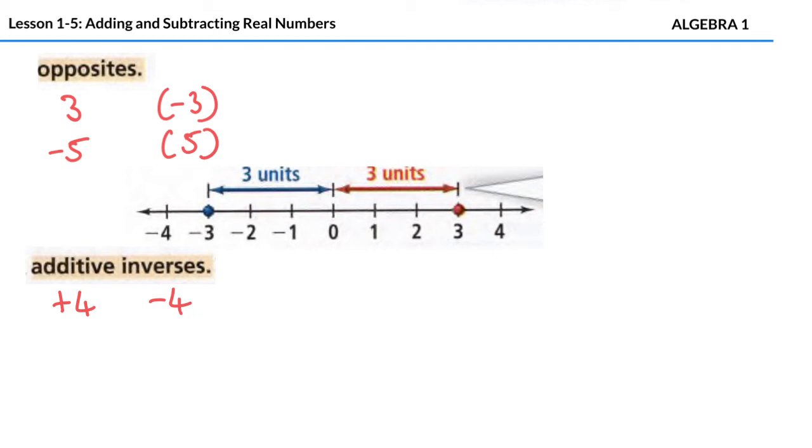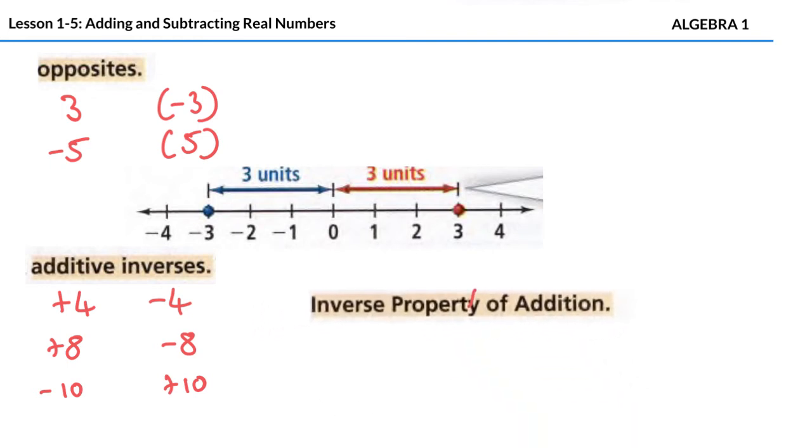What is the additive inverse of plus 8? It is minus 8. What is the additive inverse of negative 10? It's positive 10. So, you get that now? So, what is additive inverse? You can find the sum of a number and its opposite by using the inverse property of addition.